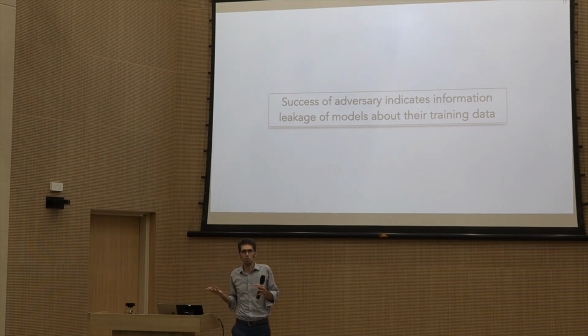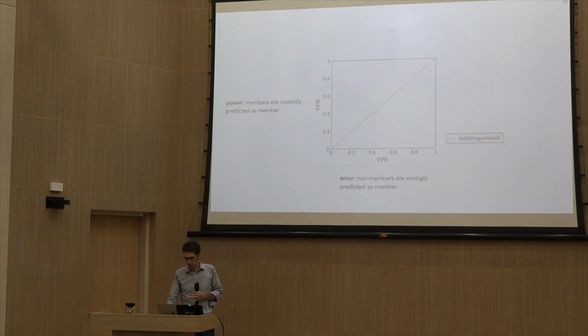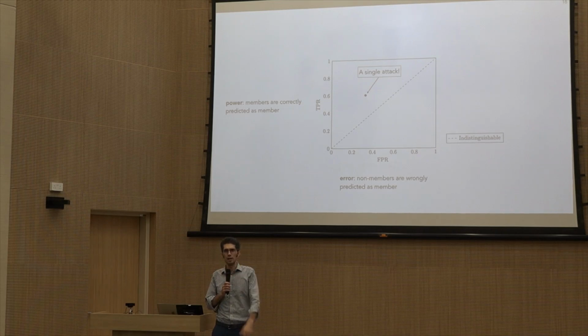False positive is something which is non-member, falsely tagged as member. False negative is something which is member, falsely missed by the attacker. So then what we can do is say, I have this false positive rate that I computed, which is the average false positive error of the attack over these repetitions of the experiment.